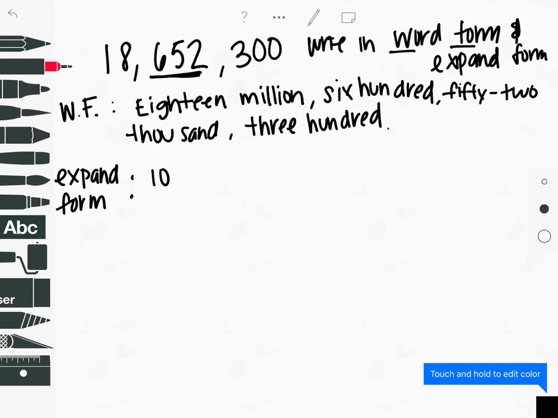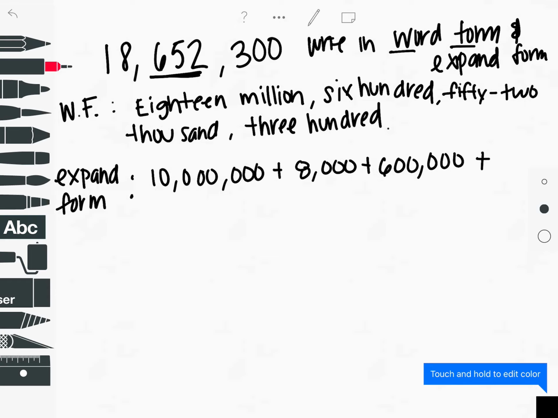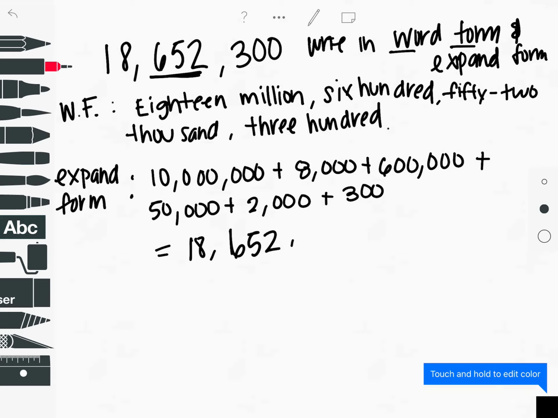So if I have 10 million plus 8 million plus 600,000 plus 50,000 plus 2,000 plus 300. If I were to add all these together, I would get my same answer, 18,652,300.